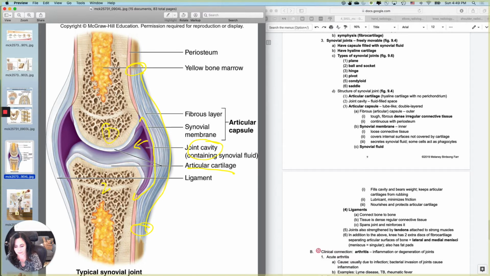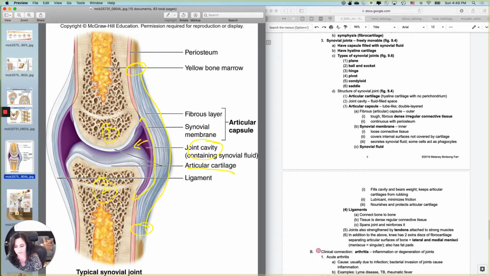It also bears the weight so that bone 1 is actually not sitting directly on bone 2 because it's sitting on the fluid. And the fluid is viscous, like thick fluid. And so if you've ever hydroplaned in your car, you know that if the viscosity of the fluid is just right and water's just right, you can actually not make contact with the pavement.